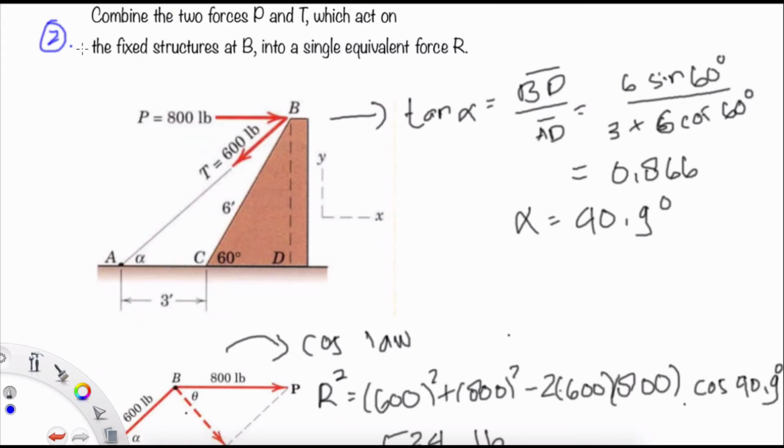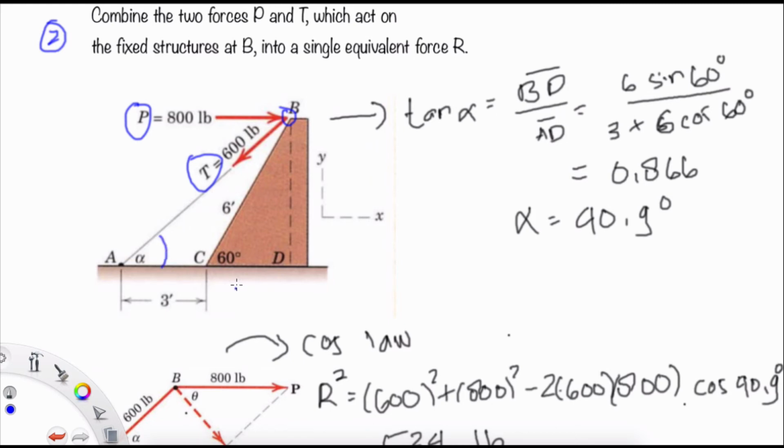And the second exercise. In this exercise, we have to combine two forces, P and T, which act on the fixed structure at B. So we have two forces here, the first one and the second one, and here is where the forces are acting, both force P and T working on point B. So firstly we have to look for the angle alpha.